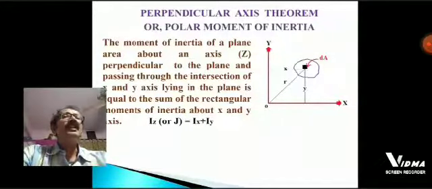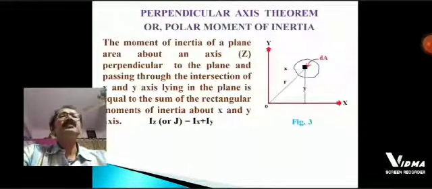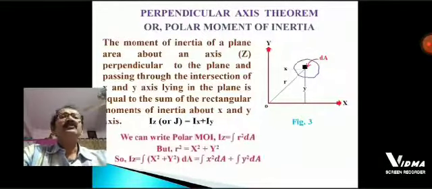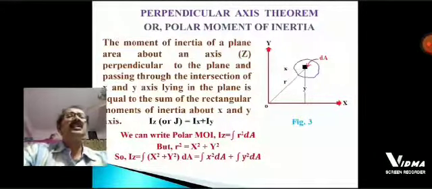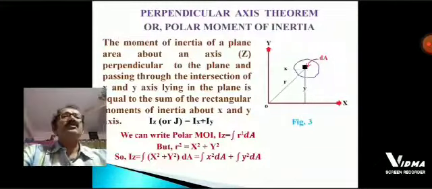In this figure 3, there is a small elemental area dA at a distance x from the reference axis y and y from the reference axis x, and r is the distance from the pole. So we can write the polar moment of inertia, Iz or J, as integration r square dA.